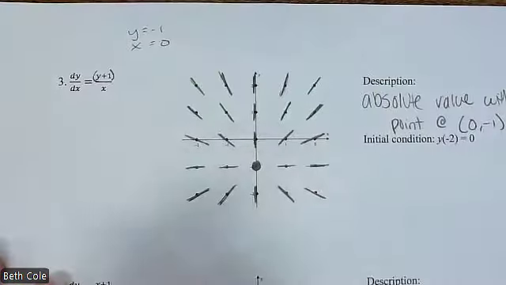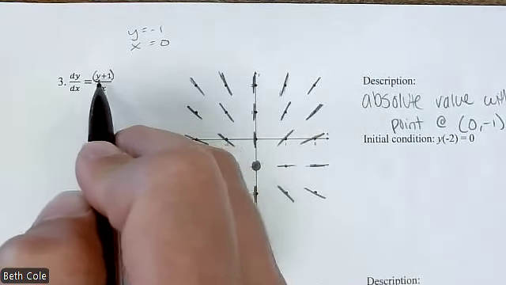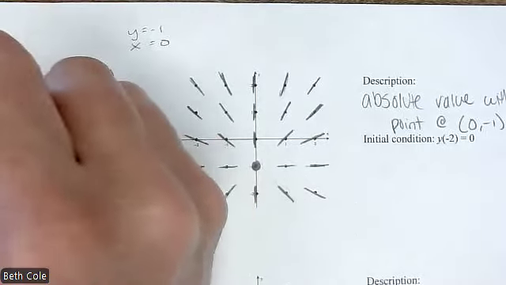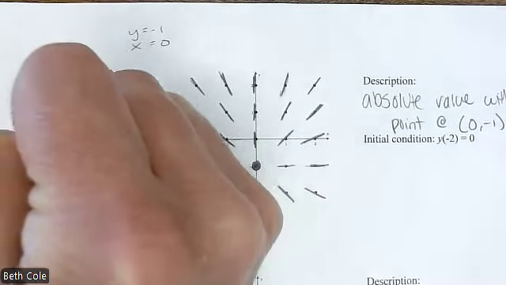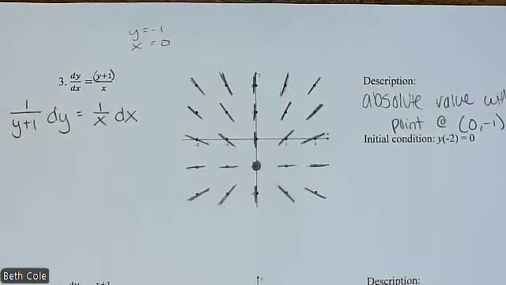How do you move over? And we have to keep the y plus 1 together. If you want to give that a hug, you can. How do you move that over? Do you multiply or divide? You divide. So 1 over y plus 1 dy equals 1 over x dx.